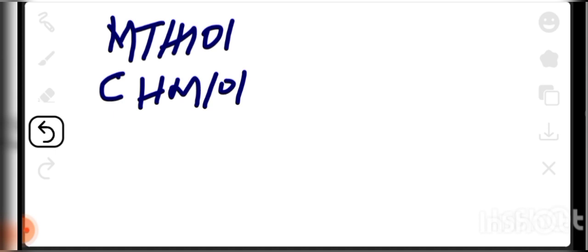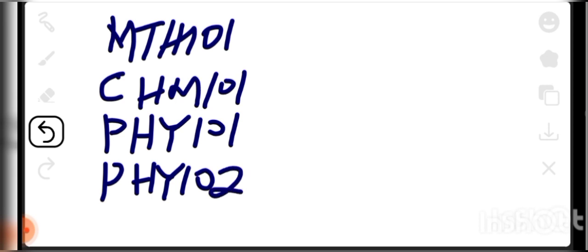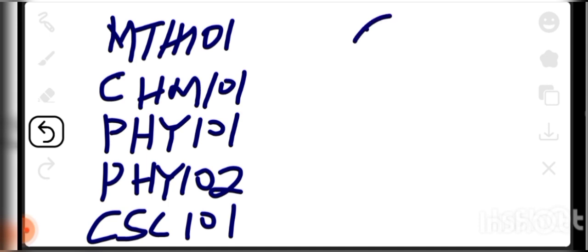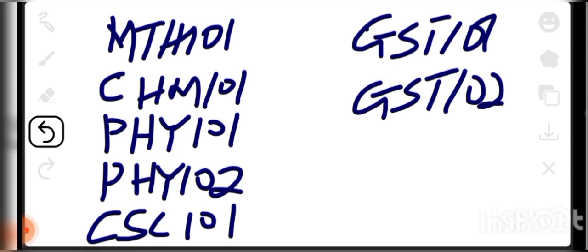Then let's say we're also doing physics. This is a physics course, PHY. That's physics 101. Let's say we're also doing physics 102. Then let's say we are doing computer science, CSC 101 as well. Then general studies, GST 101, then another general study, GST 102.